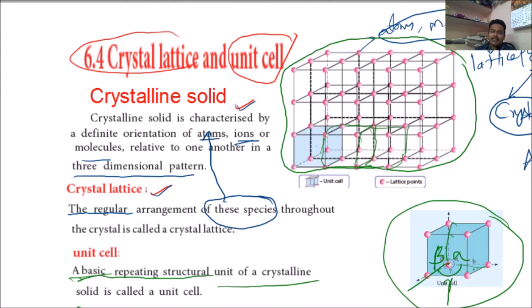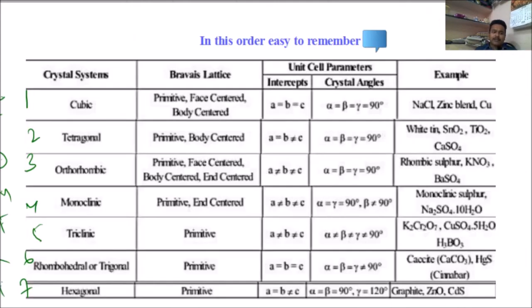So that A, B, C parameters come here again. That system can be decided by the name of the system: cubic, tetragonal, orthorhombic, monoclinic, triclinic, rhombohedral, hexagonal. This system can be explained based on the unit cell parameters.